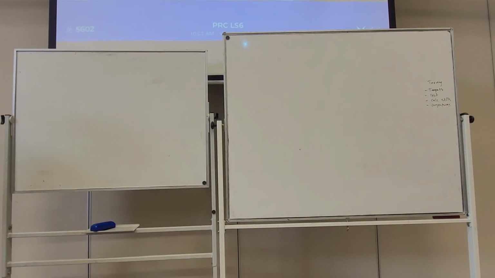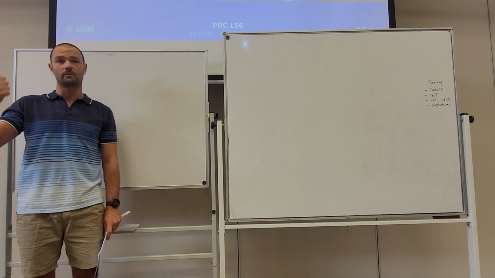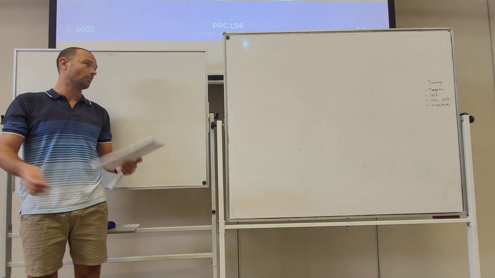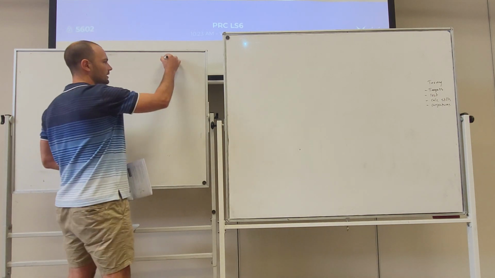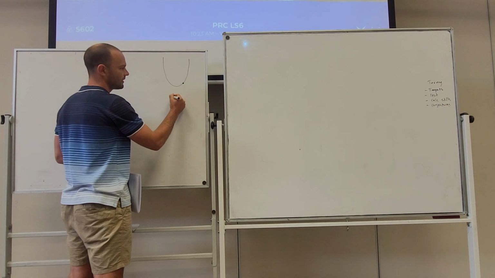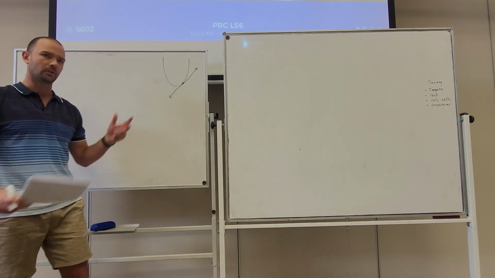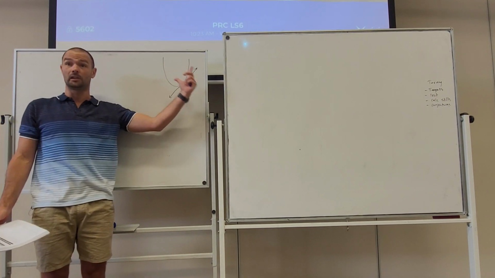Today we've got 3 processes we can do to find the equation of a tangent and the equation of a normal. Very quickly, if I have a curve, a tangent is just a line that touches it at that point. So we're finding the equation of a line.